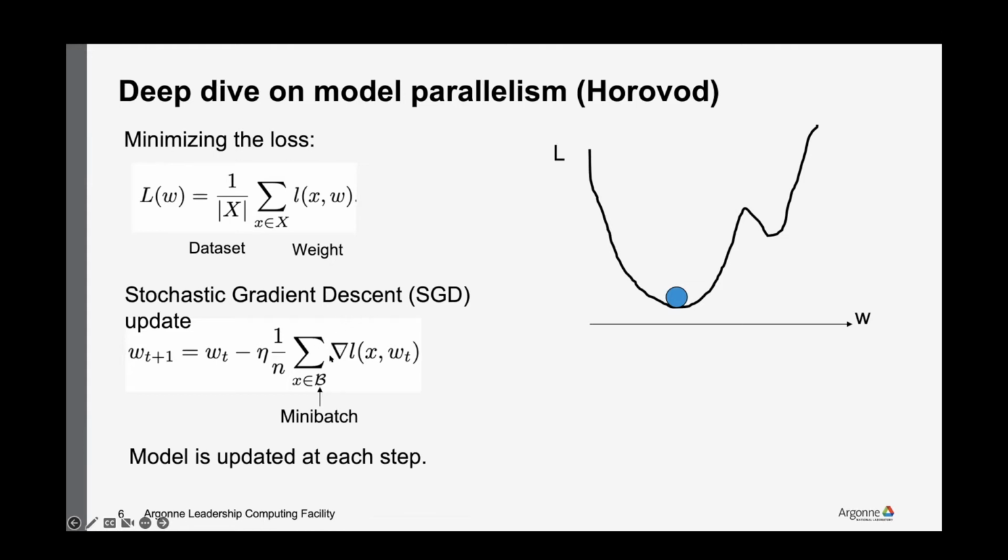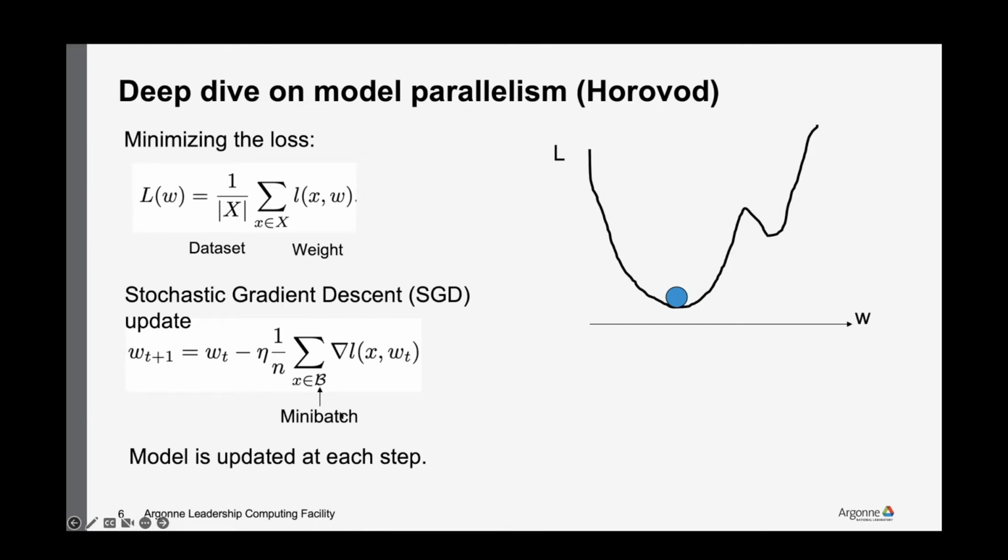So it calculates the gradient of the loss, but this loss is not the total summation of the loss, but actually just the loss with respect to one batch of the data. So with that one batch of data, we calculate this loss, and then update the weights at each step.